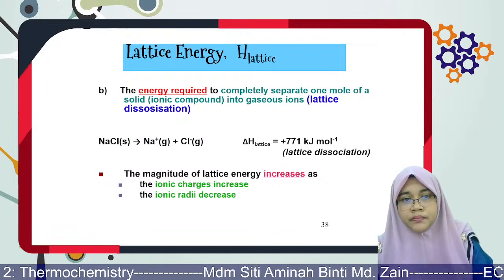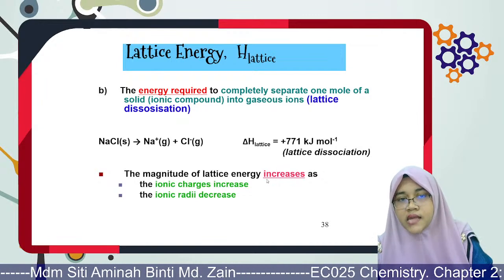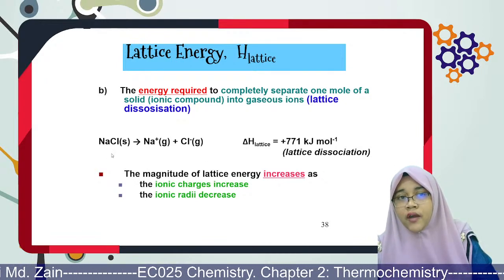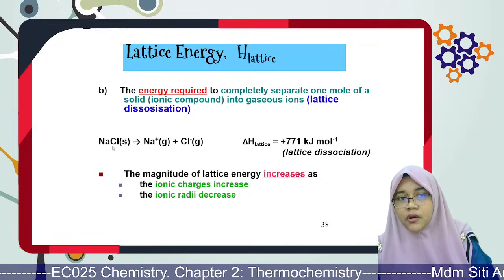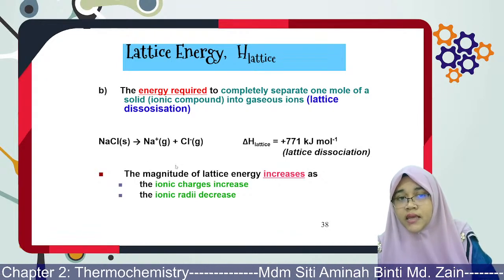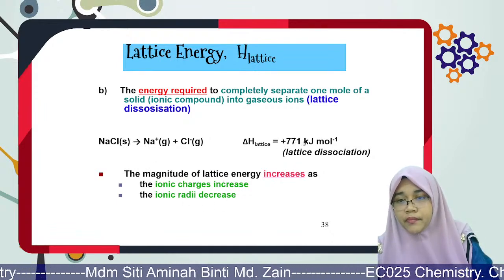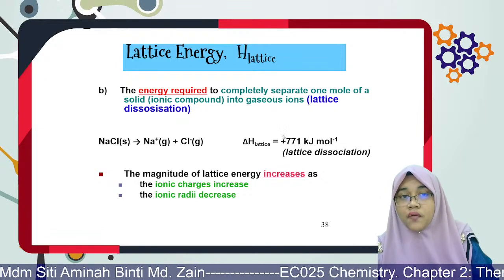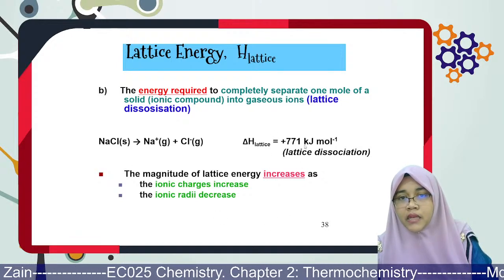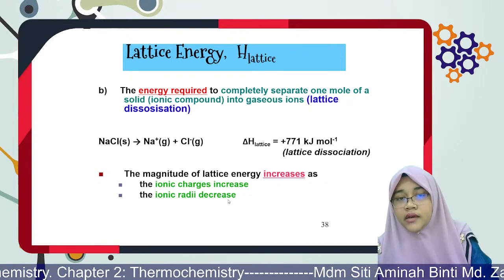Okay, now the magnitude of lattice energy is increased as the ionic charge increases. For example, if the sodium chloride, sodium is plus, chloride is negative, plus 1, negative 1. If the charge increases, the magnitude 771 should be increased. So the magnitude depends on the charge of the solid lattice. And the second factor of the magnitude of delta H is the ionic radii.